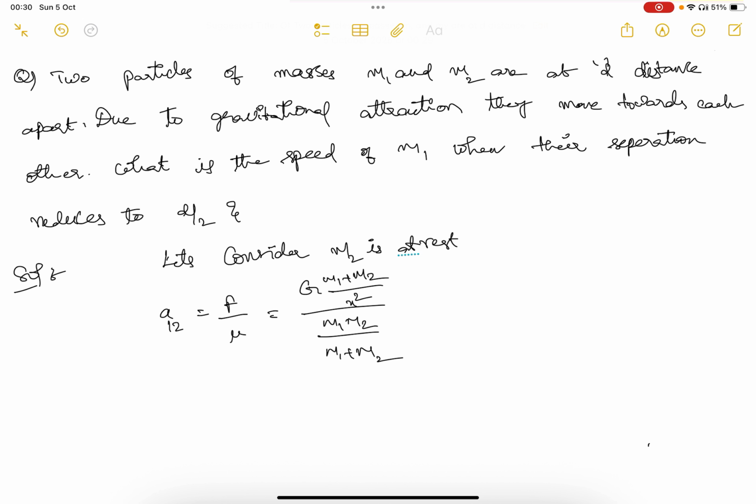I mean, the two bodies of masses m1 m2 are at a distance of d apart at the beginning. After a certain arbitrary time, these masses m1 and m2 will be at a distance of x, right? We need to find, when the separation is d by 2, what is the velocity of mass m1.